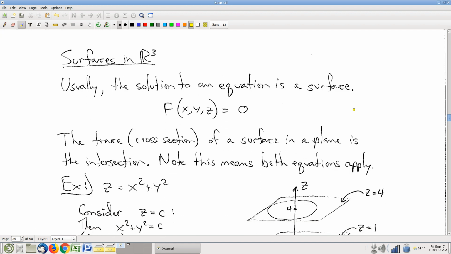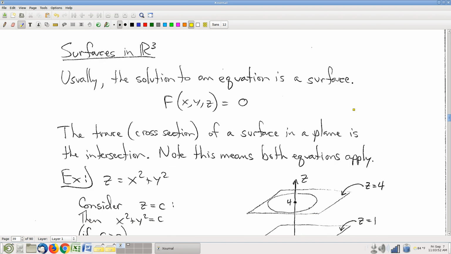Okay, so moving along, we're now into 12.7, I guess this is surfaces in R3. This right here is just a compact way of saying an equation of three variables. I'll just make a quick observation.